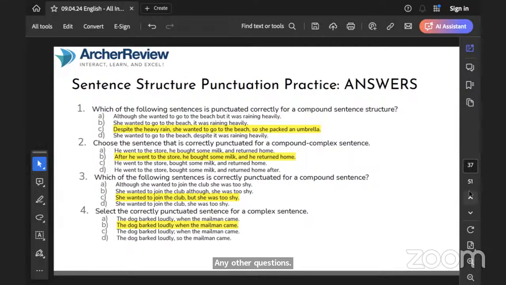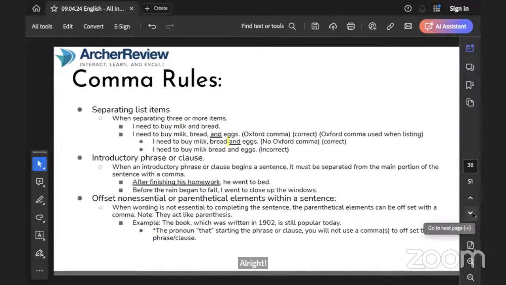All right. Let's see what we got here. Comma rules. So, in addition to being able to punctuate based off sentence types, so simple, compound, complex, and compound complex, you also just have to understand basic comma rules. So, this can be when you are separating list items.